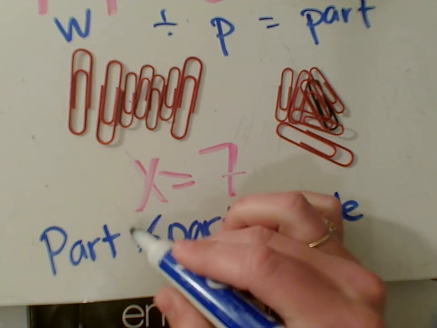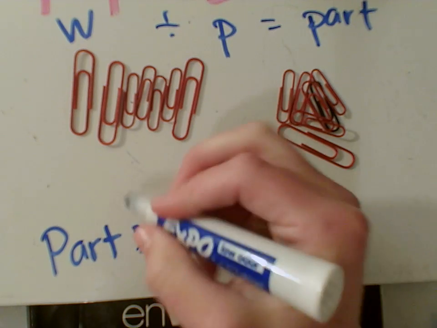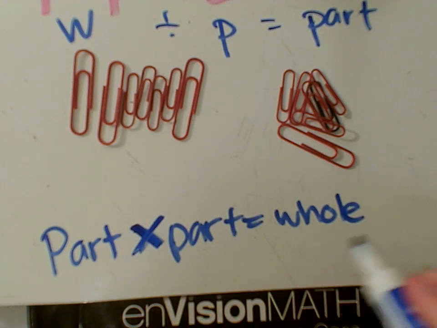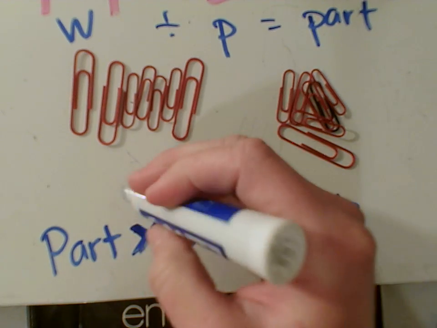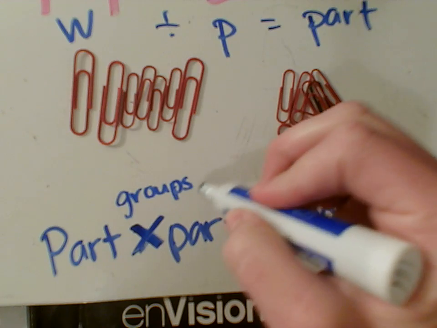But this is multiplying instead. Remember this x. This little x in our multiplication sentence represents groups of. You can think of it like that.